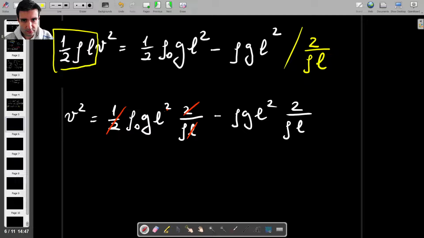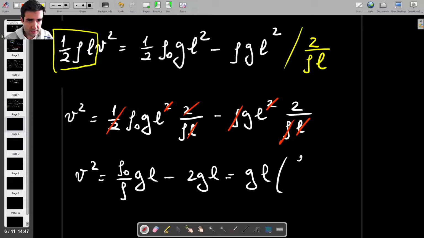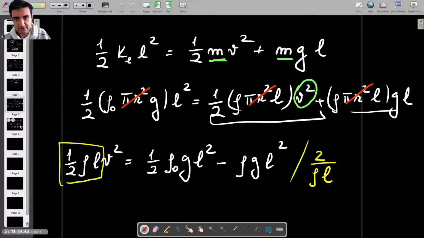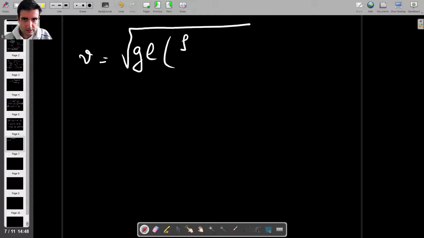This L will cancel out with one of the L's here, and then this rho will cancel out with this rho, and then this L will cancel out with this L. So we have v squared equal to rho 0 over rho gL minus 2gL, which is gL times rho 0 over rho minus 2, which means that the velocity is just the square root of that. So it's the square root of gL times rho 0 over rho minus 2.